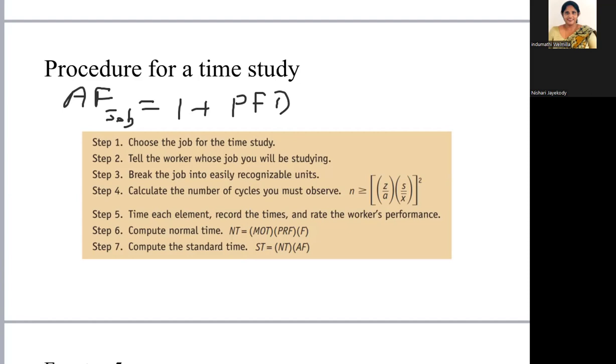In that method, AF equals 1 plus the percentage allowance adjustment based on the individual job.